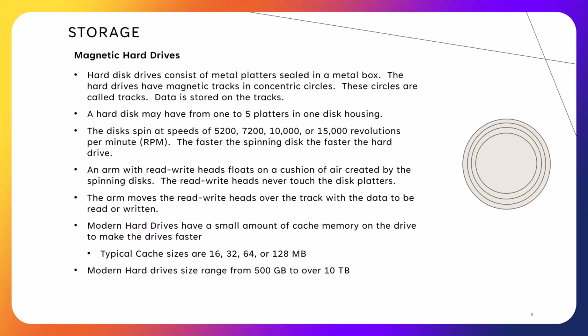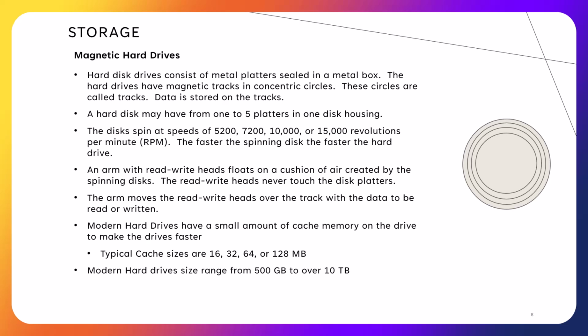Magnetic hard drives or hard disks consist of a series of metal platters that are sealed in a box. These hard drives, these metal platters, are circular, and they have concentric circles that are called tracks on these platters. A hard disk can have anywhere from 1 to 5 platters and 1 disk housing.